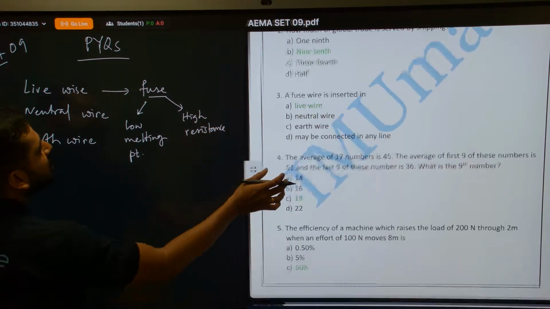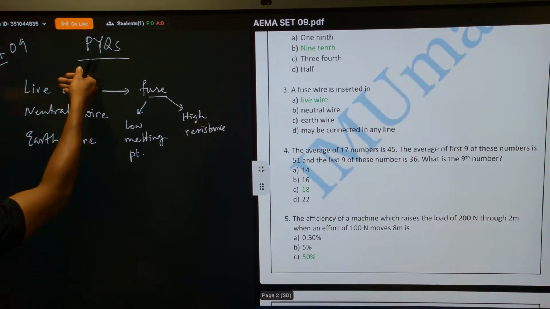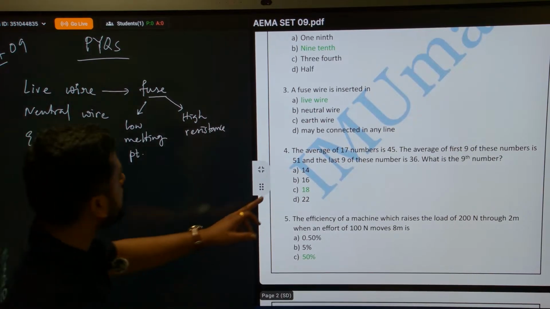Because of high resistance, it would melt faster, disconnecting the circuit and keeping other devices safe. So high current cannot pass to the appliances when the fuse melts. That's why it is connected with the live wire. That is wire, W-I-R-E. Now come to the next one.